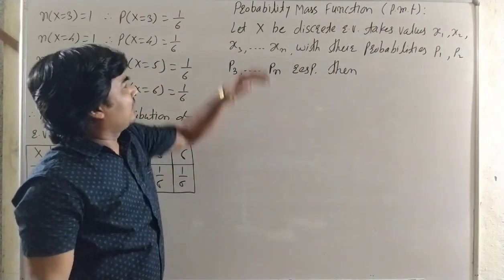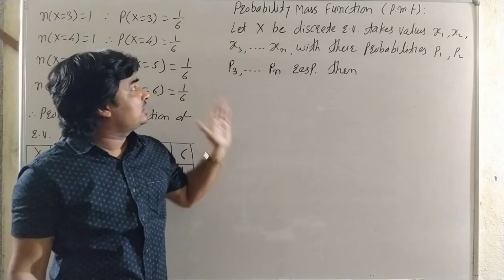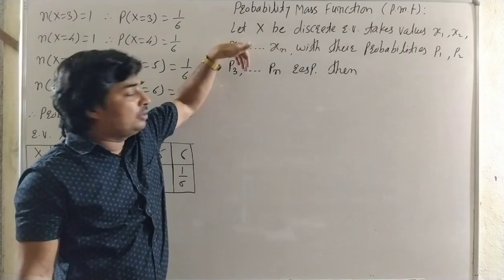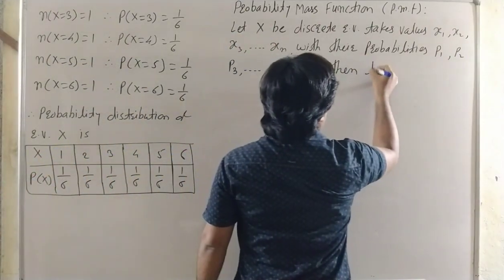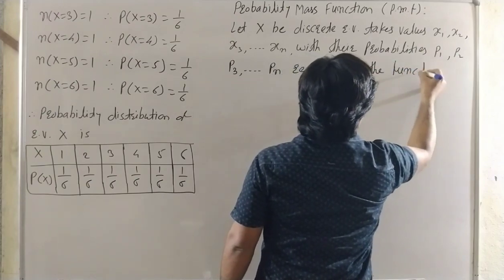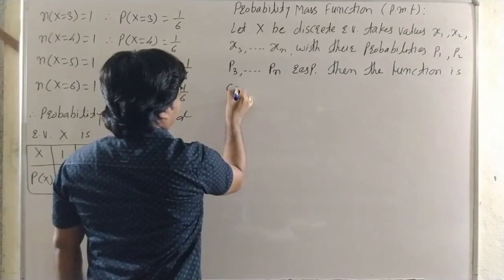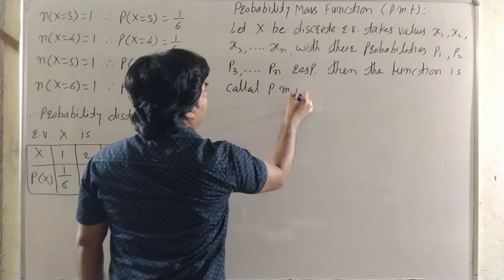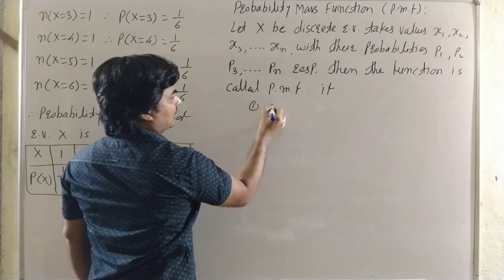Let x be a discrete random variable that takes values x1, x2, x3, x4, x5 up to xn with their probabilities p1, p2, p3, p4 up to pn. Then the function is called a probability mass function if there are two conditions.